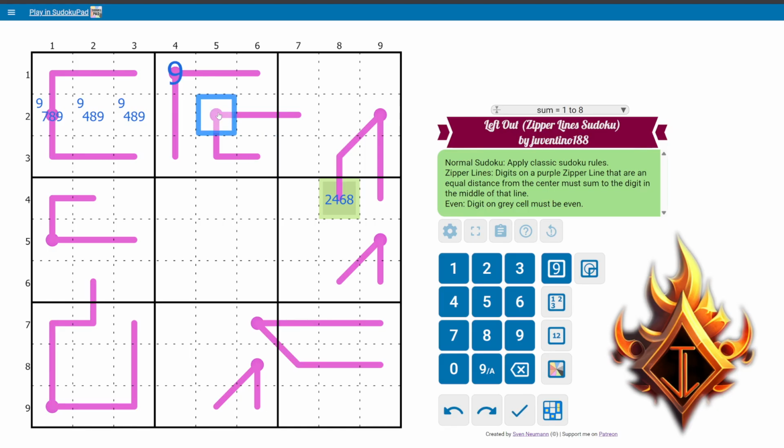If it is 7, that would be 4. So it will be 7 or 8. And if it was 7, that would be 4. If it was 8, that would be 2. And then that will be 3 or 6.